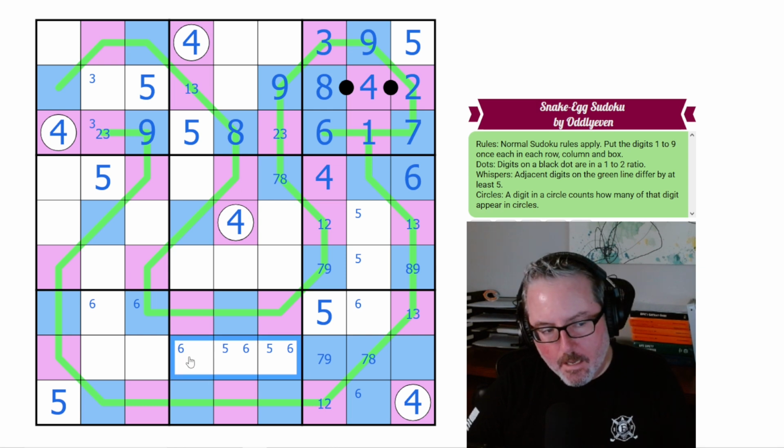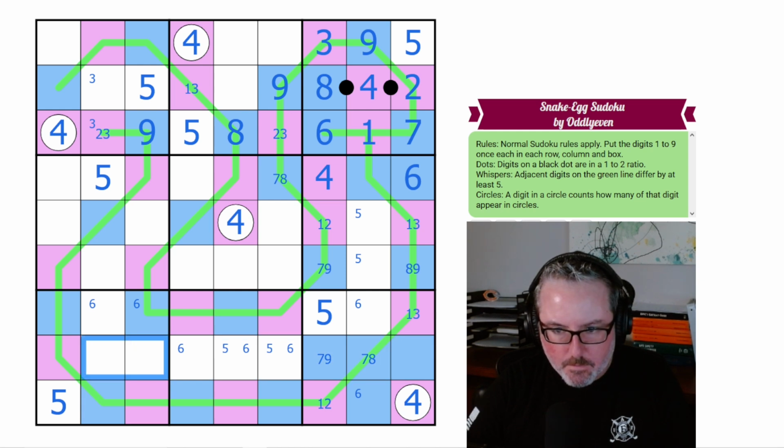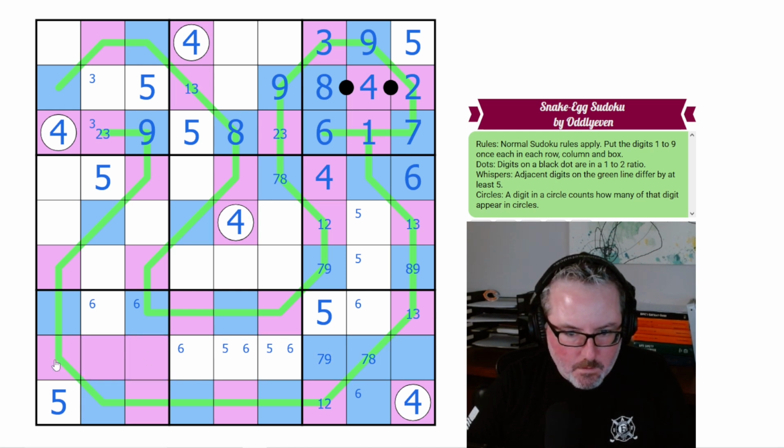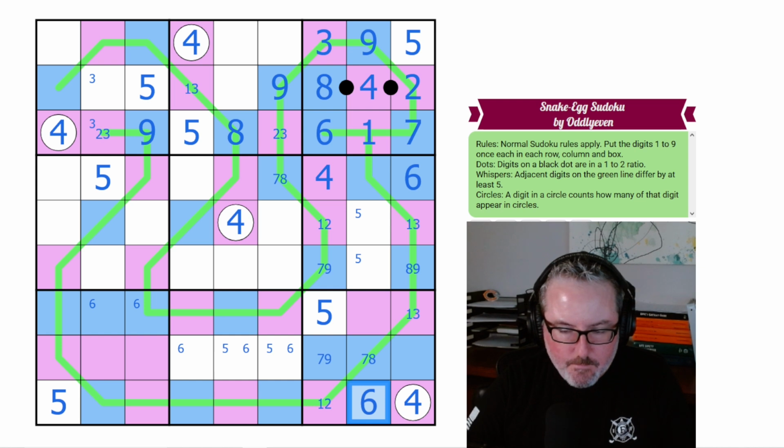We know we have a high digit, a 5, and a low digit in here. So all of our high digits and the 5 are done and taken care of. So therefore these both have to be low. So that's all of our lows. So this has to be high. Now we have all of our highs, so this has to be low, and therefore it cannot be a 6. So here's our 6. Okay.